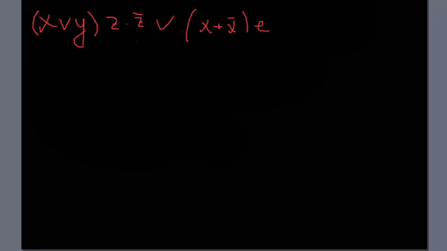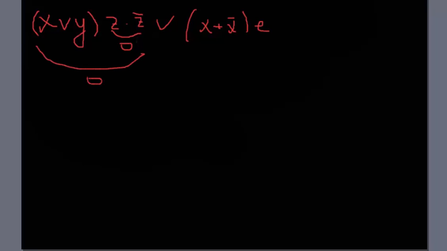Third one. X, Y, Z plus X plus X, Y, and let's write the negation of Z. We said that Z multiplied by Z negation is equal to 0, and everything multiplied with 0 makes 0, so this also will be 0.